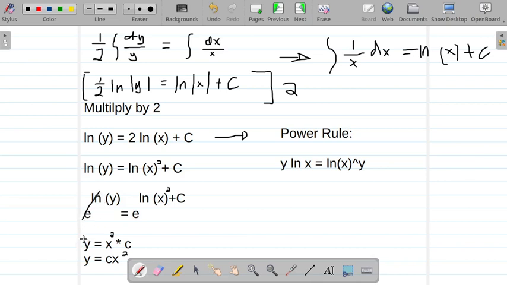Then, what remains is y is equal to, by the rule of exponentials, ln x squared multiplied by e raised to the power of c.